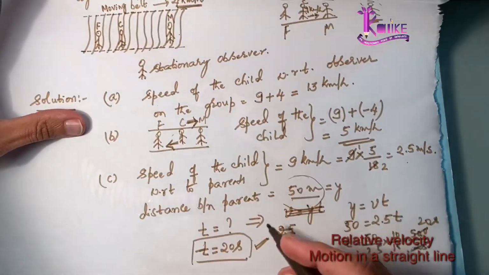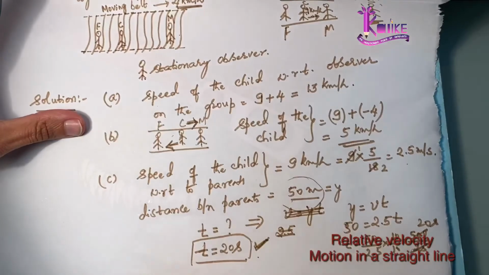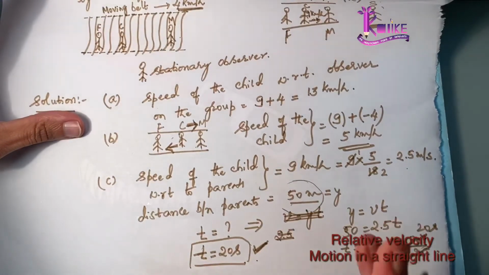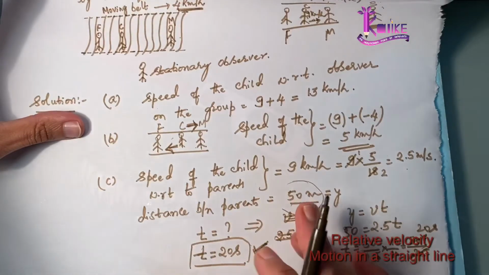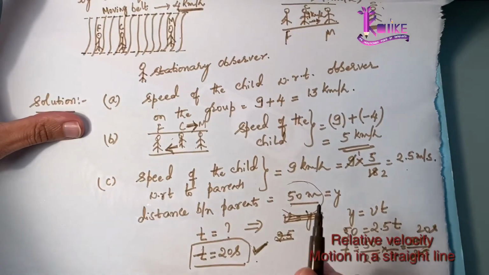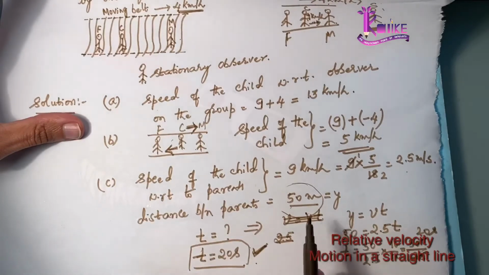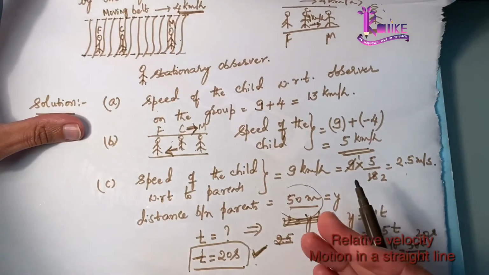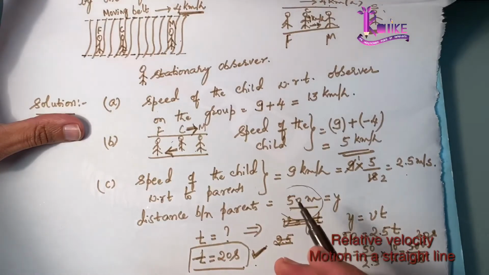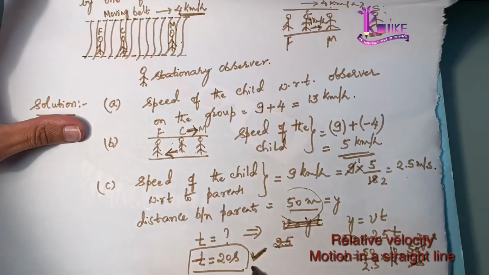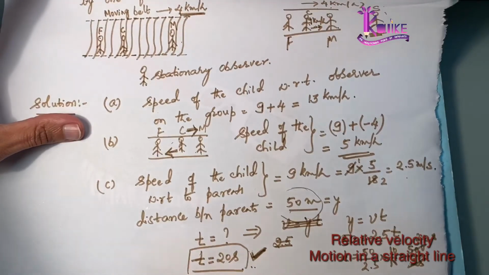So both the parents will see that the child takes a time of 20 seconds to cover the distance because the child, the father and the mother are all moving with the velocity of the belt, 4 km per hour. So therefore they are all in the same moving reference frame. Therefore the child would still take 20 seconds as seen by either of the parents.